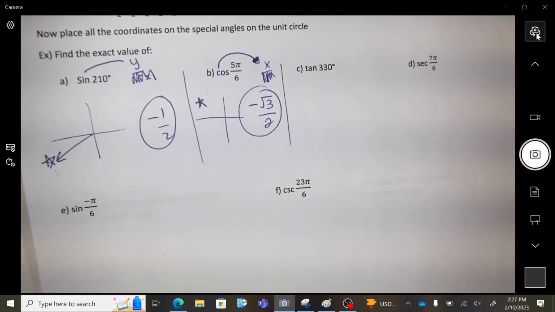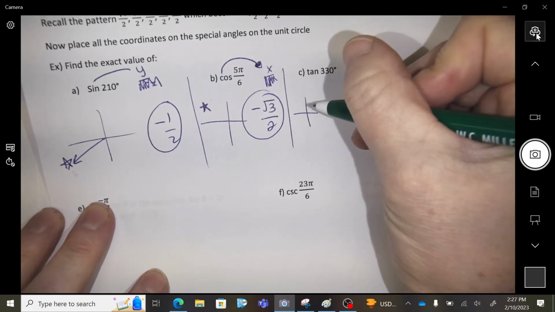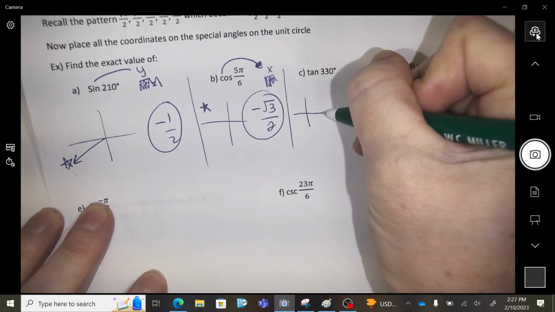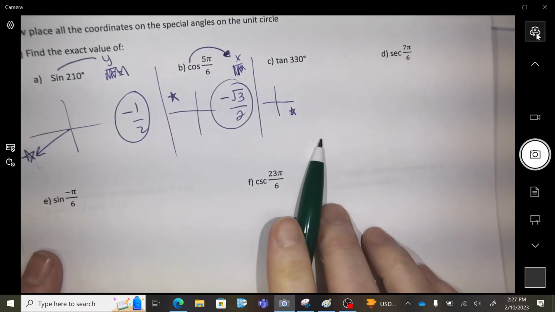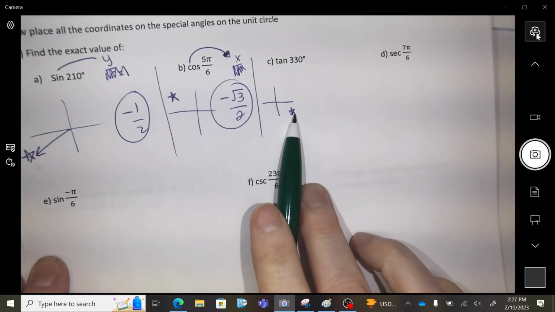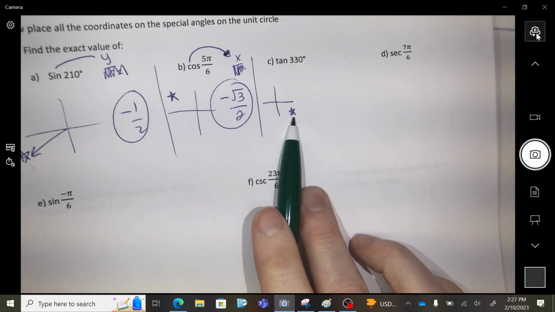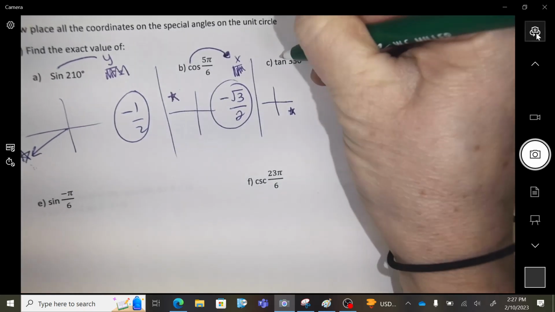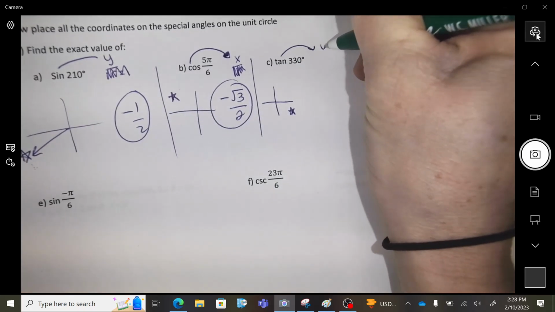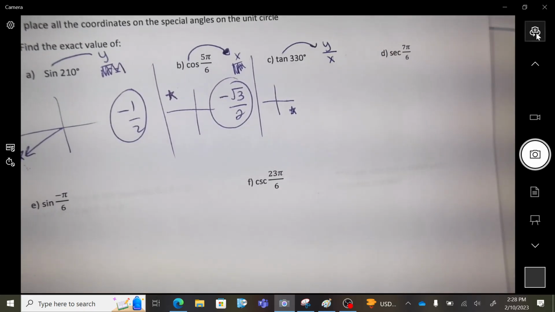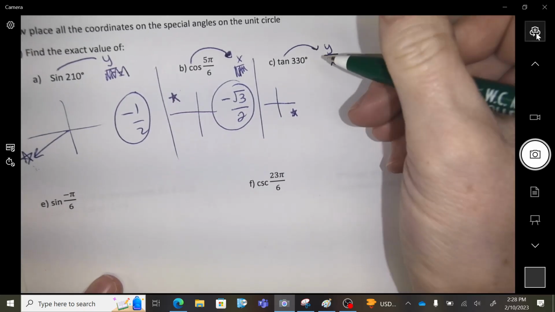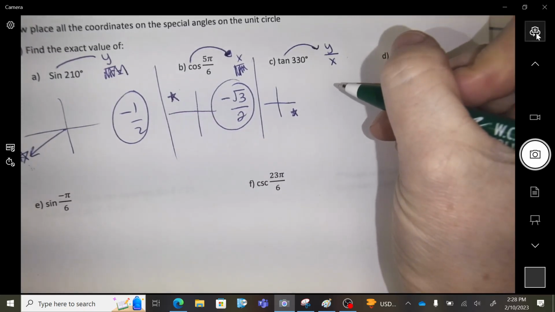Okay, tan of 330, so first put your eyes where? 330, so you're all looking here at your unit circle. And tan tells me to do the y divided by x. So this one's not as fun because you don't get to scratch off anything. So I'm going to do the y coordinate.